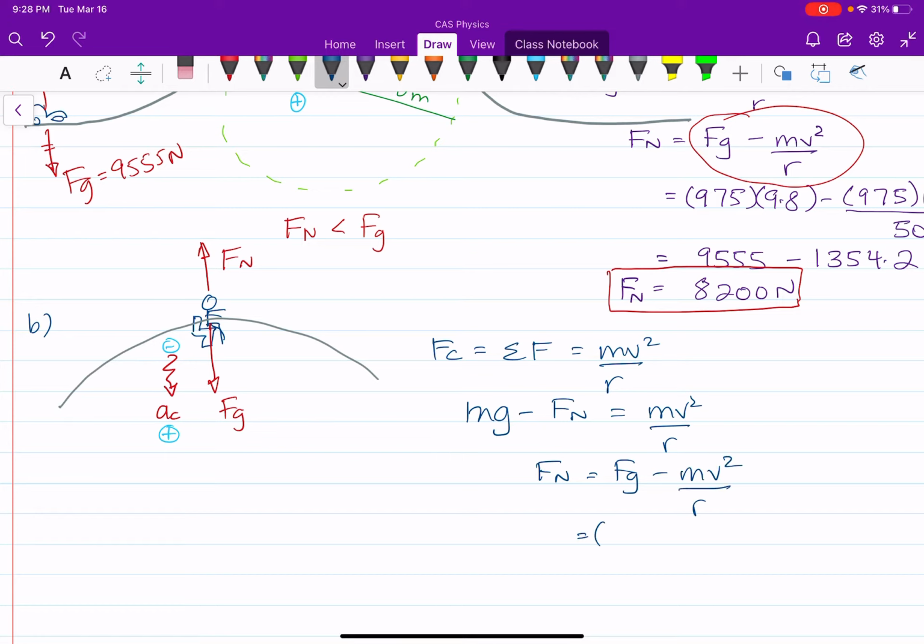So now we can just put that in: 62 kilograms times 9.8 minus 62 times 8.33 squared divided by 50.